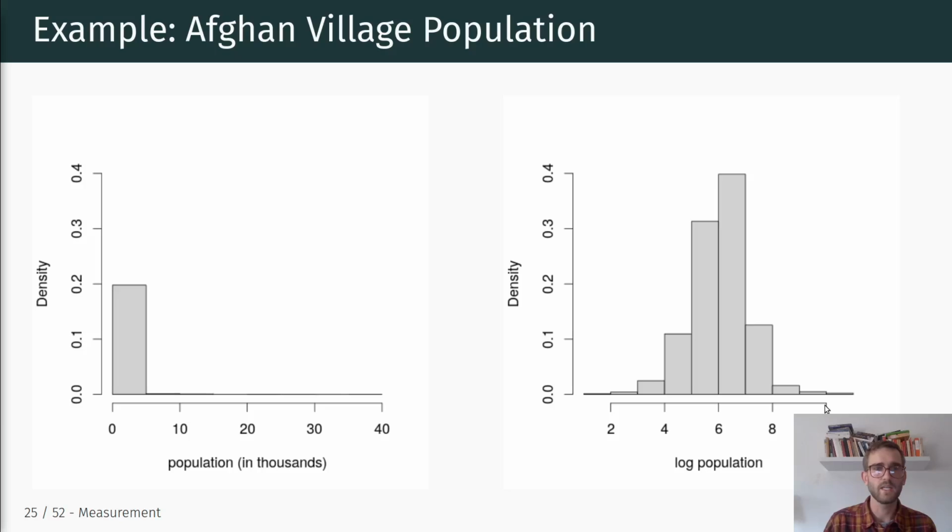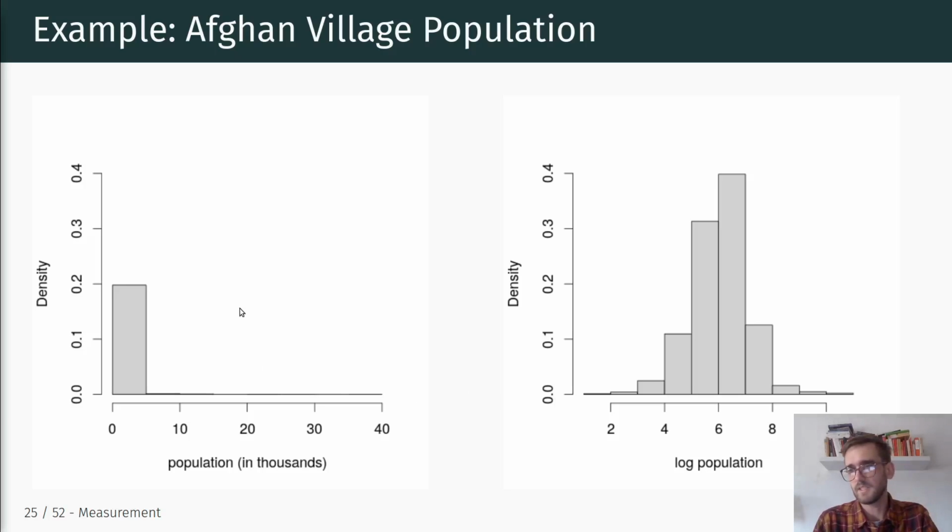Here we're looking at the Afghan village population across this survey, right? And if we look at the density of the population in thousands, we see this is a very highly skewed variable, because a lot of the villages in those provinces were extremely small and just a few very large villages.